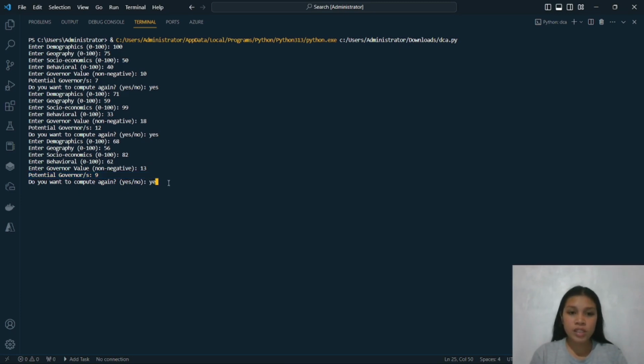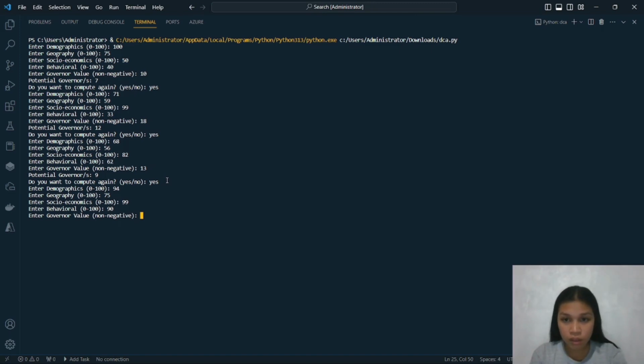In the fourth case, let's compute again. Let's try demographic 94, geography 75, socioeconomics 99, and behavioral 90. And the governor value is 8.